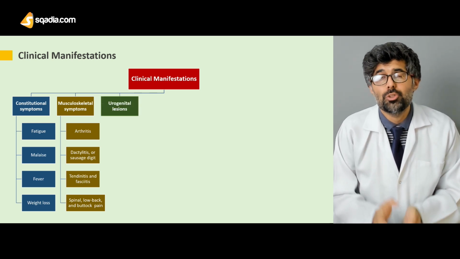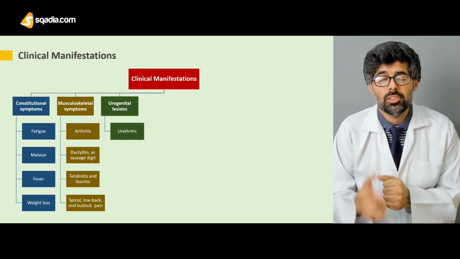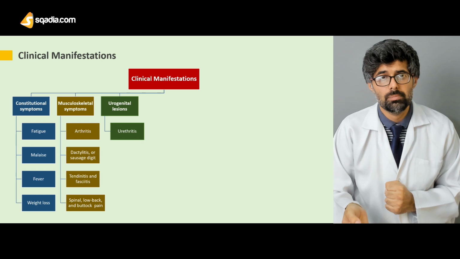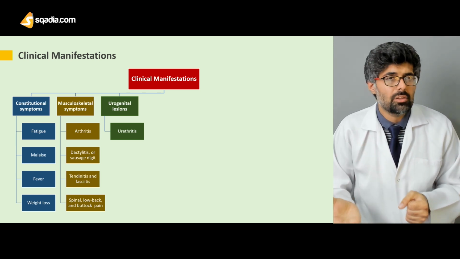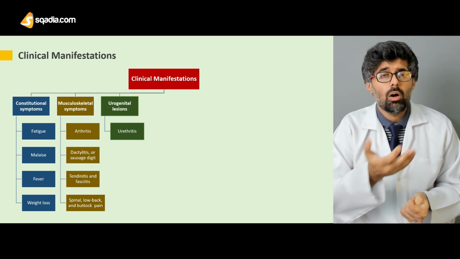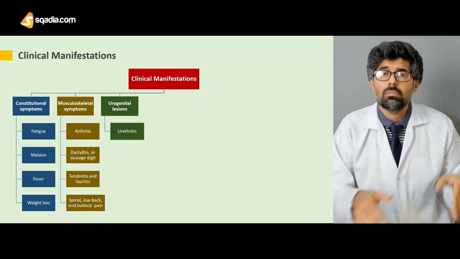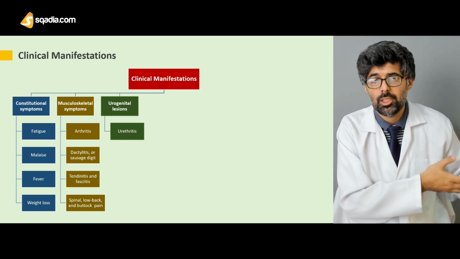Next are the urogenital lesions. These result in urethritis. For males, urethritis either results in marked morbidity or is the same as it was with the antecedent infection.